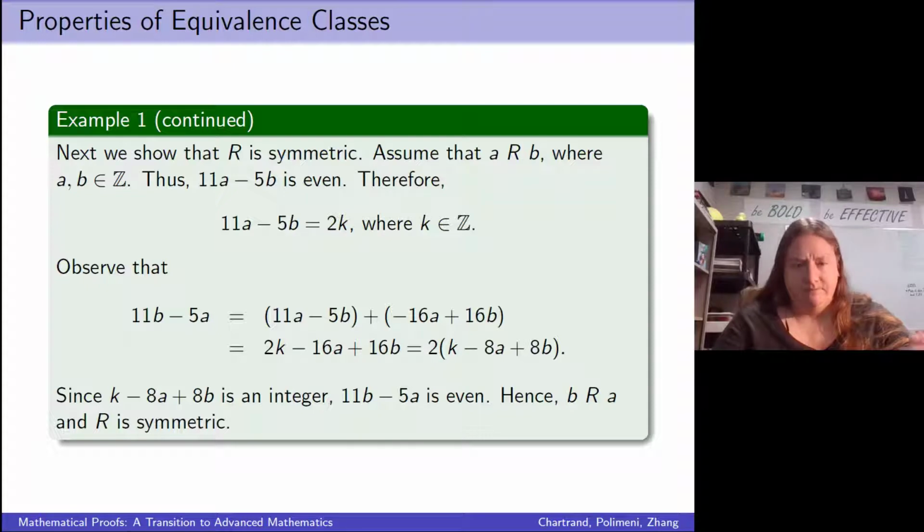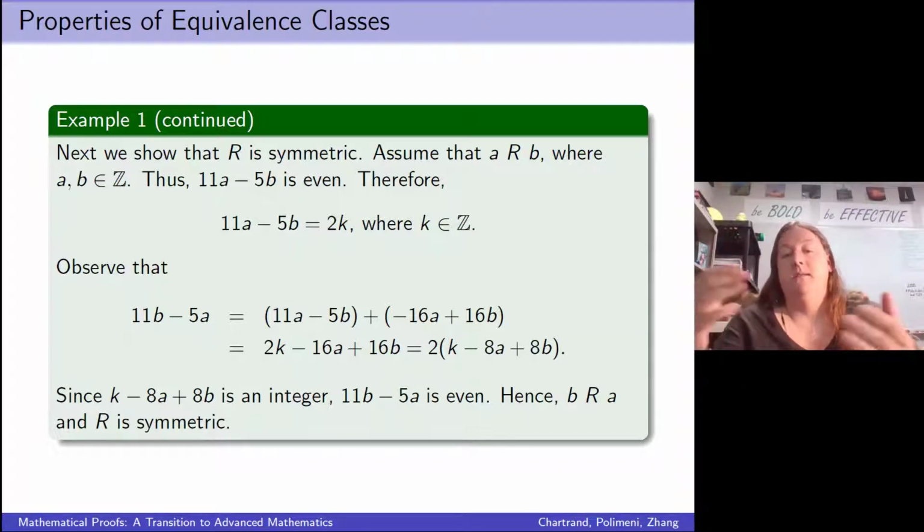Well, working with what we have, we can say 11b minus 5a equals the 11a minus 5b that we know something about. And to get minus 5a instead of plus 11a, I need to add negative 16a. And to get 11b instead of negative 5b, I need to add 16b. So I get 11a minus 5b plus the quantity negative 16a plus 16b. Now, I know that 11a minus 5b is even, so I can substitute 2k in for that.